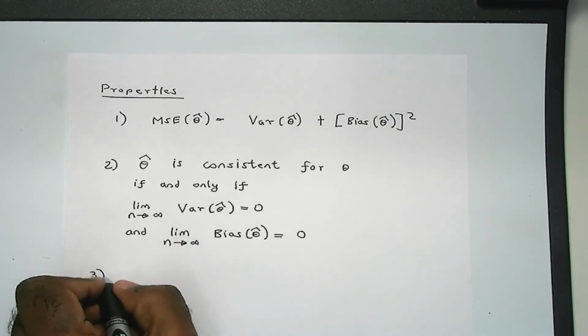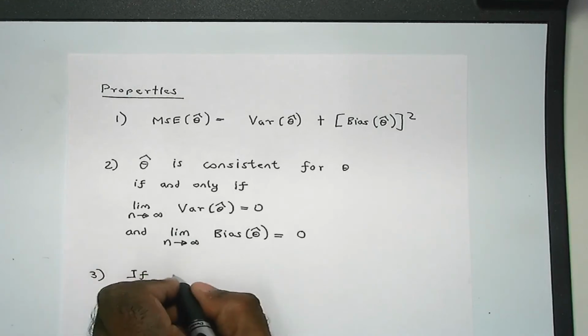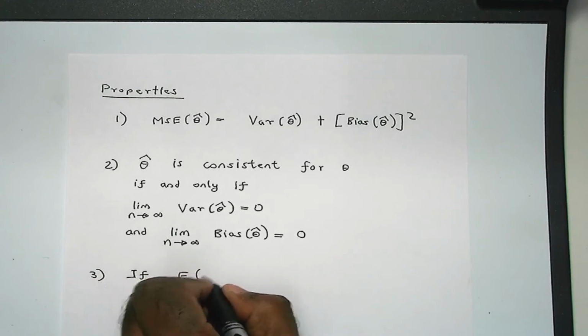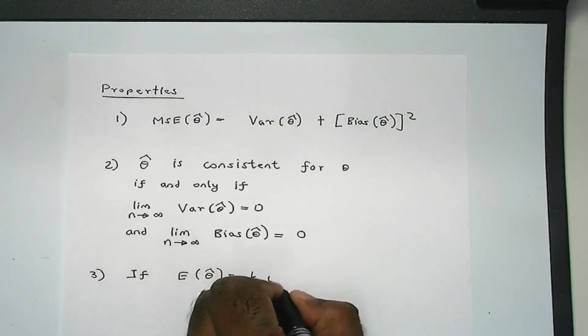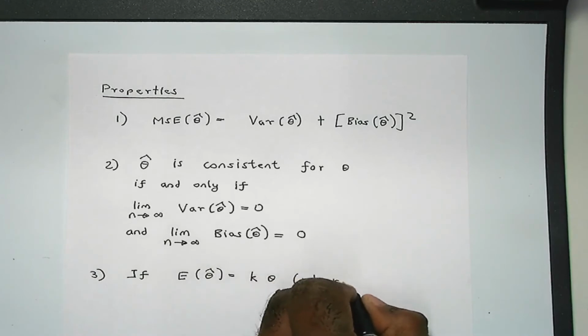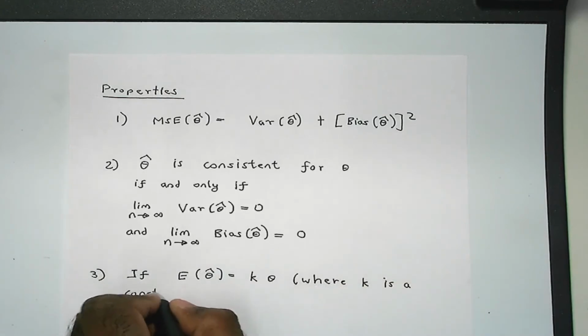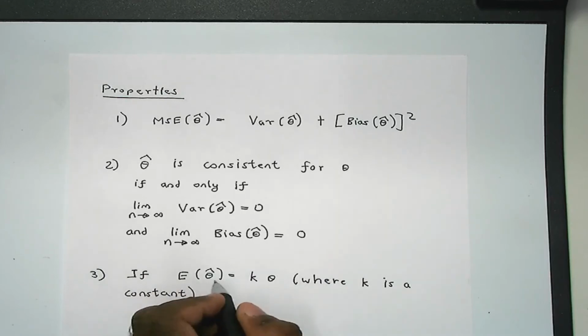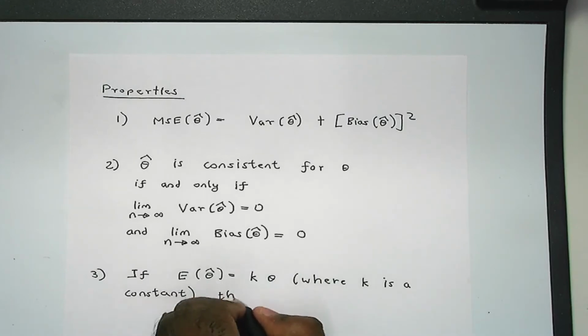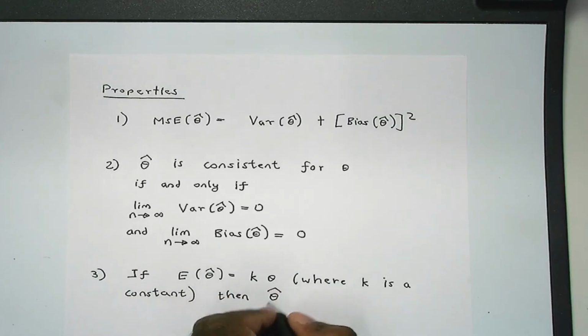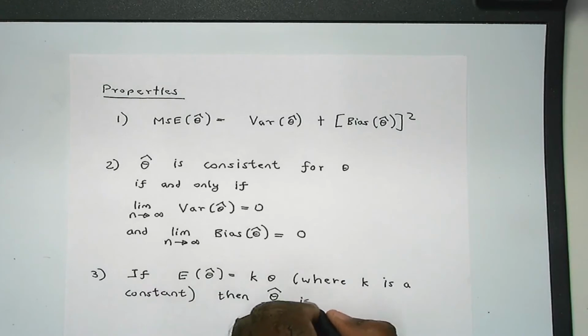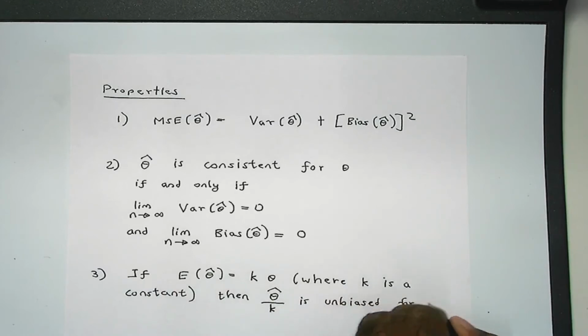Property 3, if the expectation of theta hat is k times theta, where k is a constant, then theta hat divided by k is unbiased for theta.